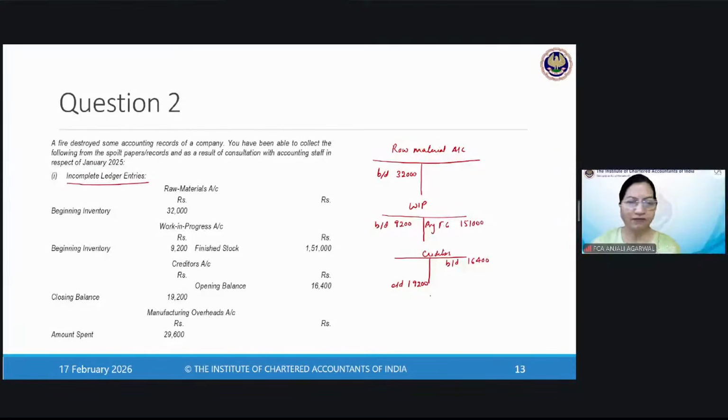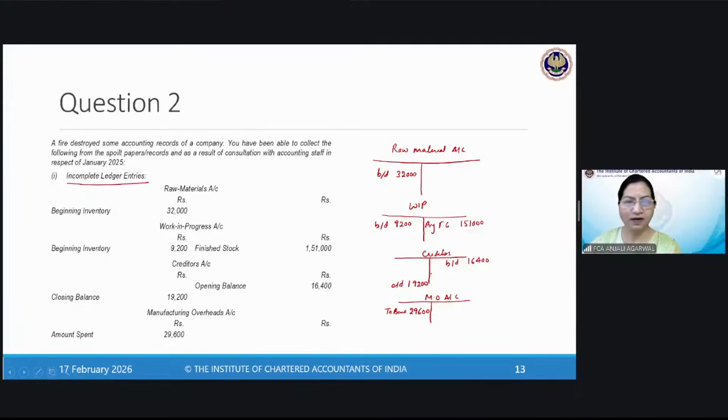Then you have a manufacturing overheads account or production overheads account. I'm writing the short names because of constraint of time. So amount spent is 29,600. What is the general entry you do when you incur an expense? Overheads account debit to bank. So you have this filling figure as 29,600.